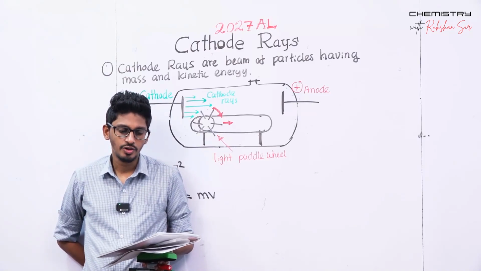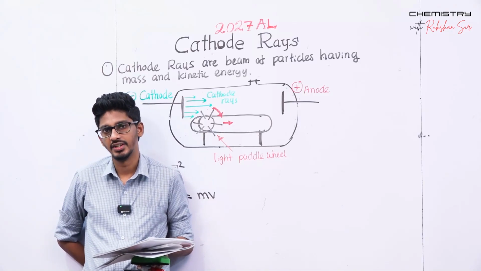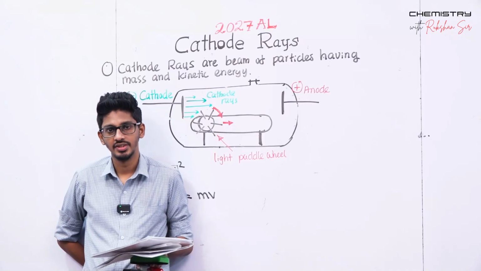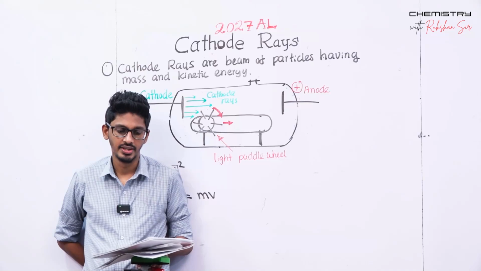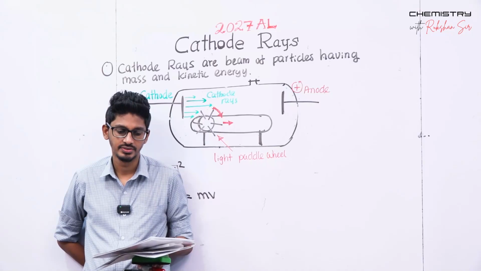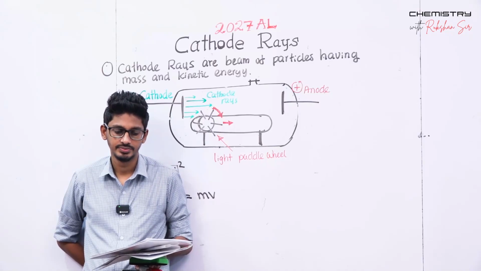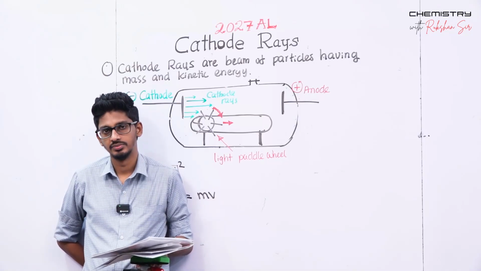This was considered evidence that cathode rays have momentum. Come to the red color and write: cathode rays have momentum.